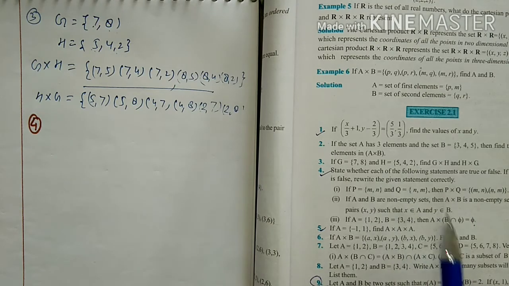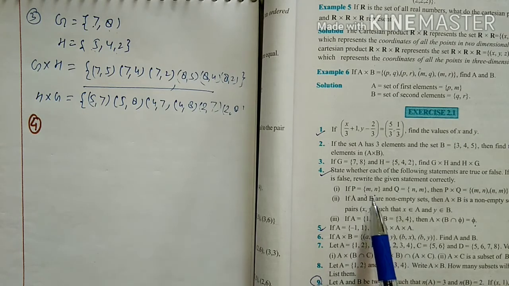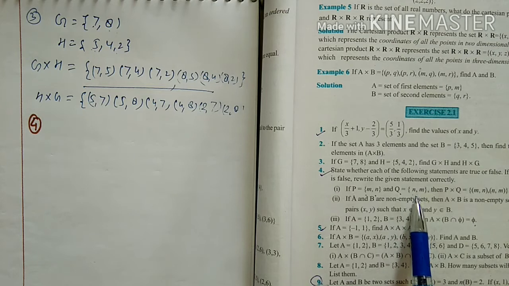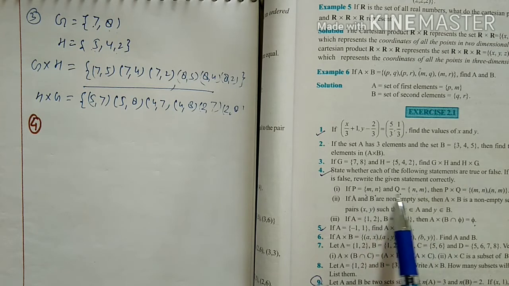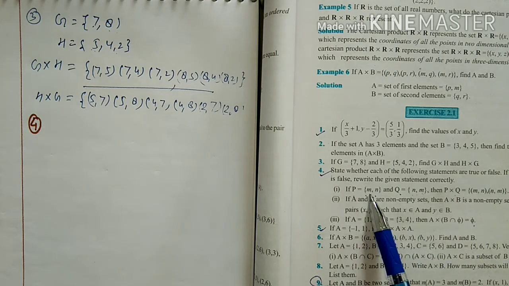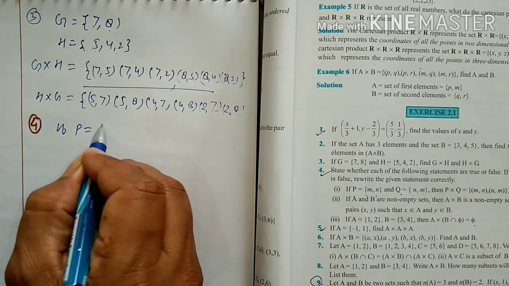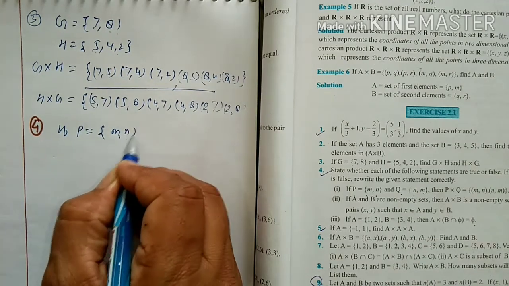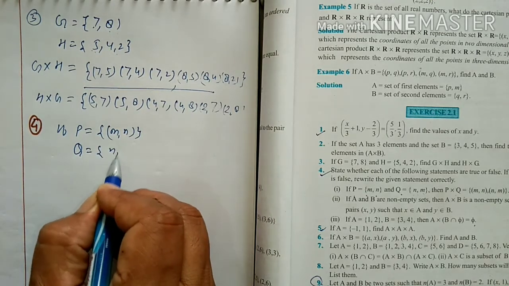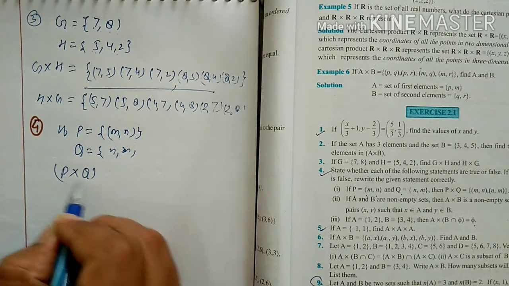We are given P = {m, n} and Q = {n, m}. In question number 4, P = {m, n} and Q = {n, m}, and we have to find P cross Q.